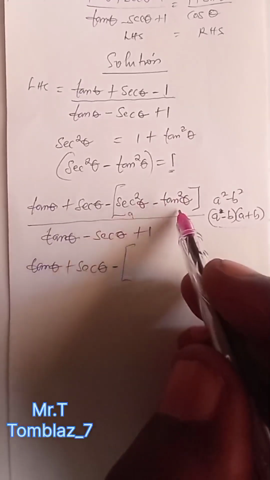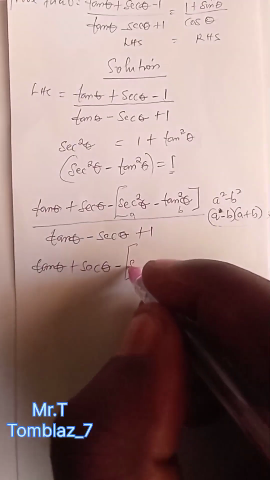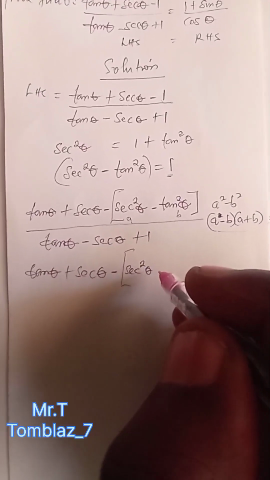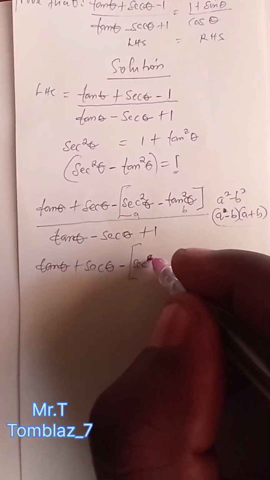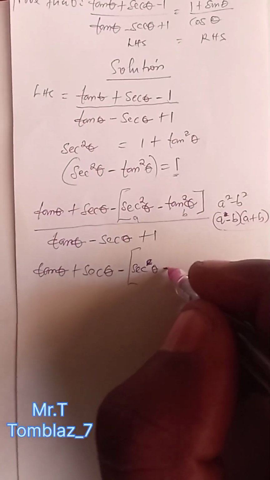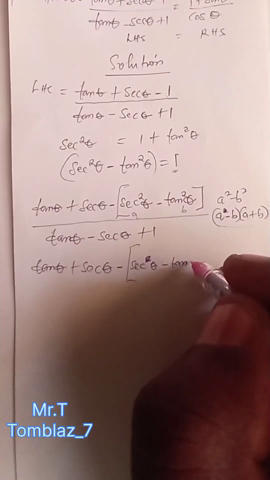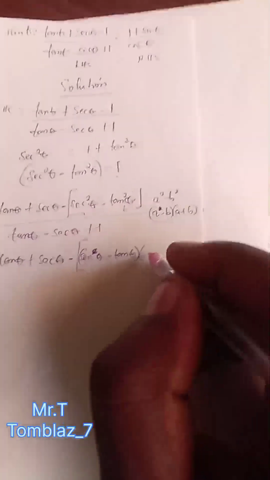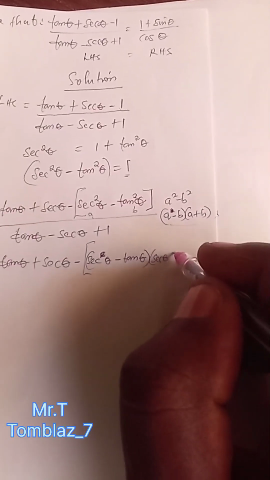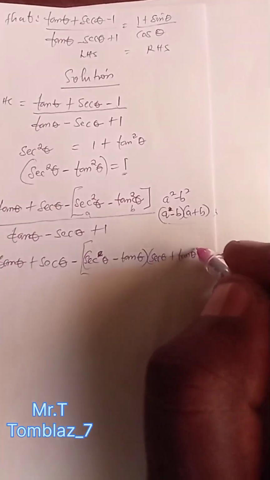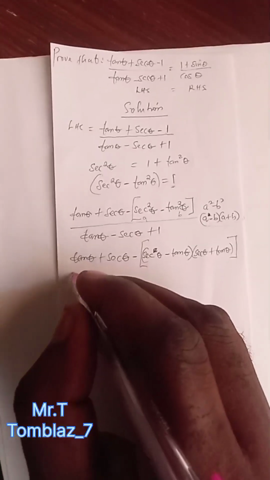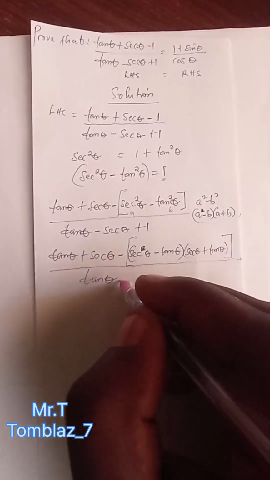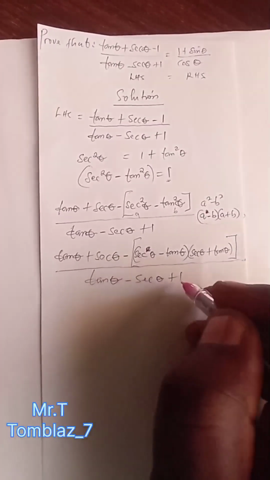So if this is a and this is b, then we'll have sec square theta, now the square will go, minus tan theta into (sec theta plus tan theta), all divided by tan theta minus sec theta plus 1.